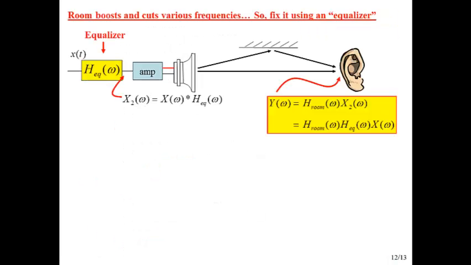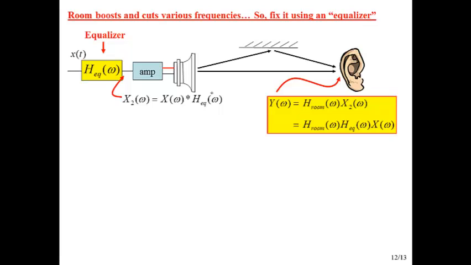Now, suppose we're an audio engineer and we want to try to fix the effect of this room. We've got an amplifier here that's driving the speaker, but prior to the amplifier we can put in, that should not be there, I've already fixed that in the notes to be posted. So we can design a system, a filter, an equalizer, that we put in there such that we pre-warp X of omega before it goes to the speaker.